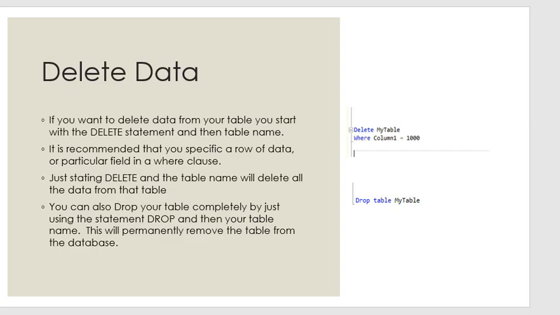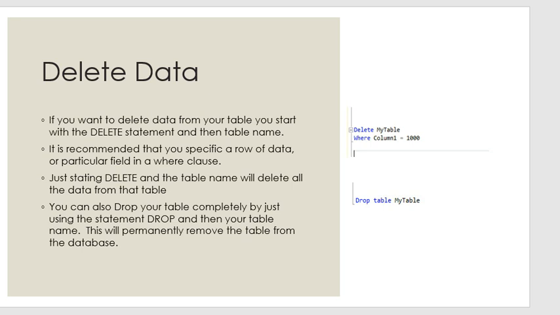I'll just go over deleting data, because normally in databases we don't like to delete. But if you want to delete data from your table, you're just going to start with a delete statement, specify your table name, and usually you're going to have a where clause that will tell you a specific row.